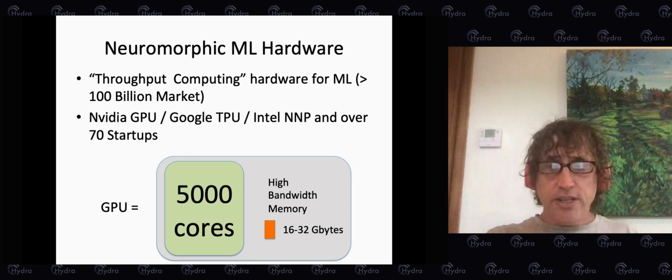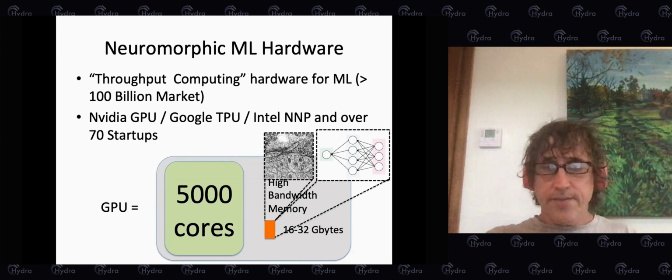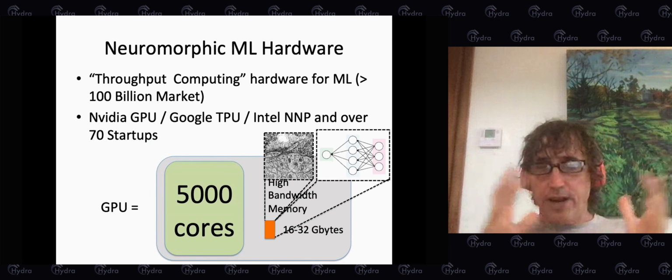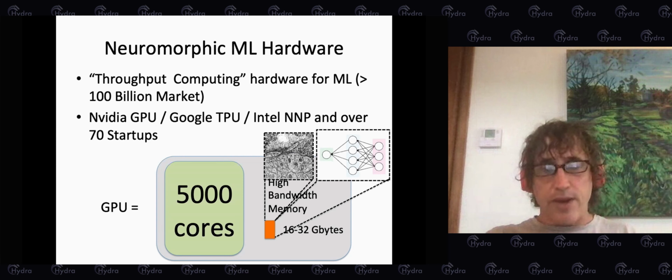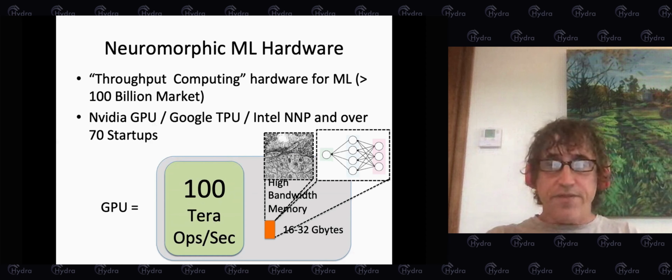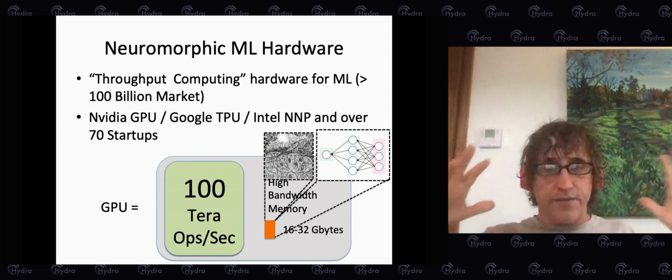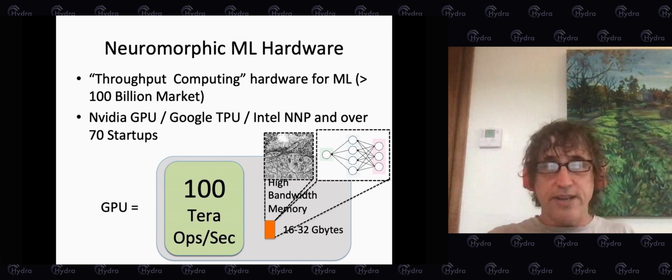And to run a machine learning algorithm, you take whatever image you're running on and a description of the neural network, you put it into the shared memory, and then with the 5,000 cores, you're able to apply 100 teraops of compute to it and run this network, both train it and do inferencing on it.